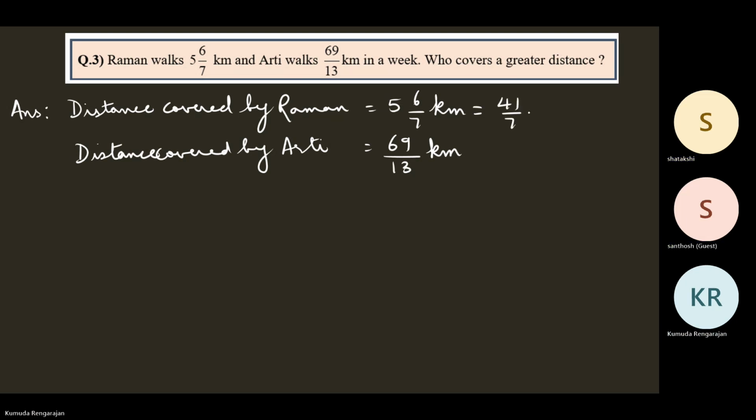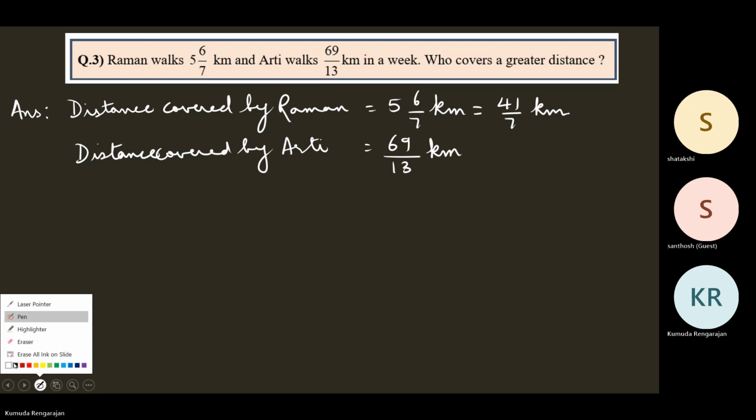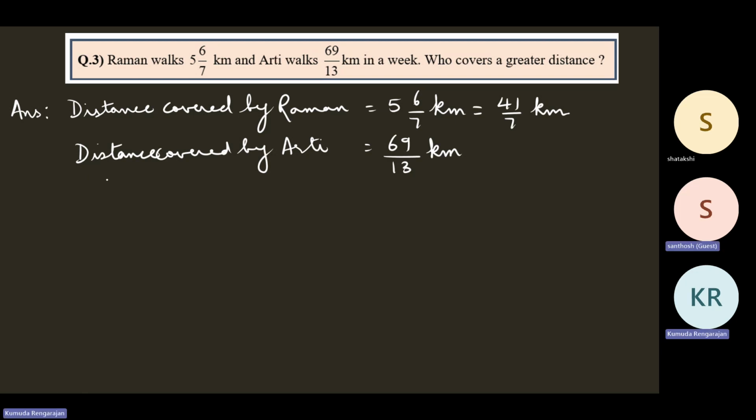Very good. Next, what should we do? Ma'am, we have to convert them into improper fractions. We should take the LCM of 7 and 13, ma'am. Okay, so next we should find the LCM of 7 and 13.